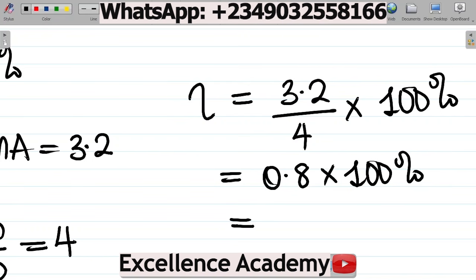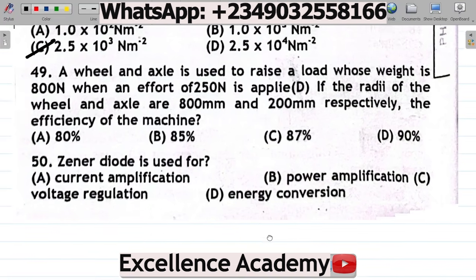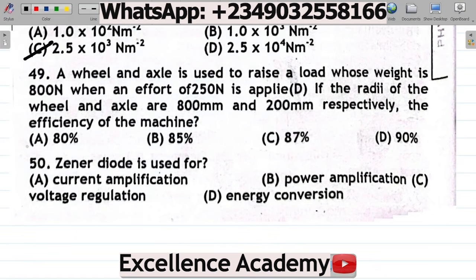That's giving you 80, so 80%. So from this question, the efficiency is 80%. Let's see which option has 80%. That is option A. So option A, 80%, is the correct answer.